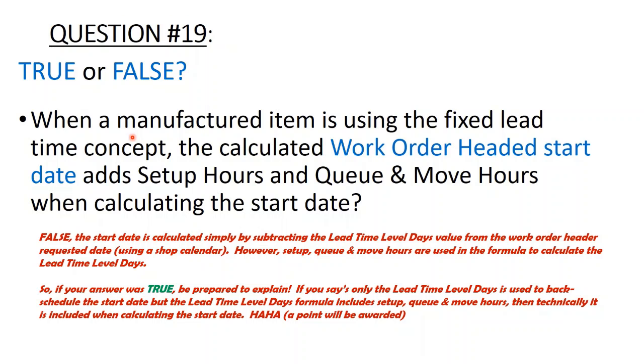I would award a point if you could state that case. But really the answer is false. The start date is calculated simply by subtracting the lead time level days, which already includes setup, queue, and move hours.